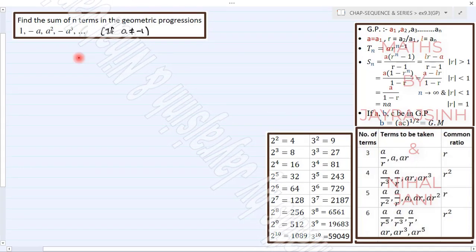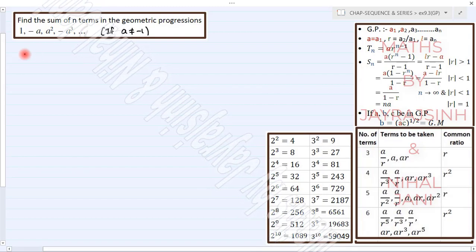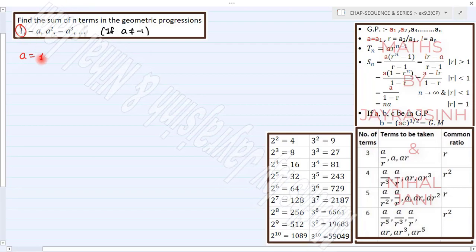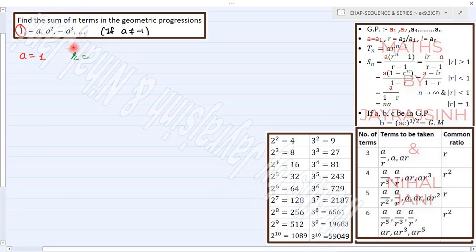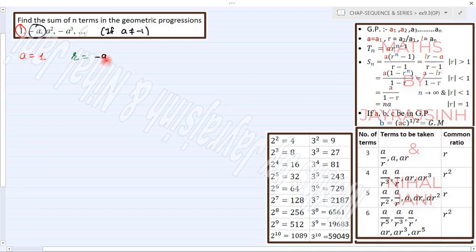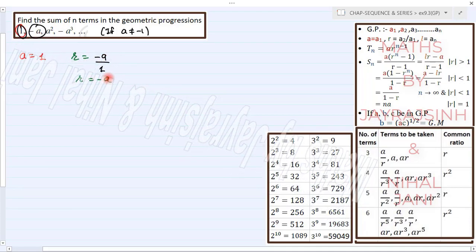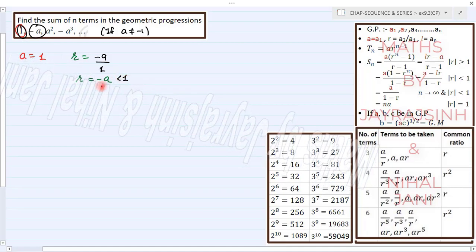In this question, we have to find the sum of n terms of our given GP, where your first term is 1 and the common ratio between the second term and the first term is minus a, which we consider as less than 1.